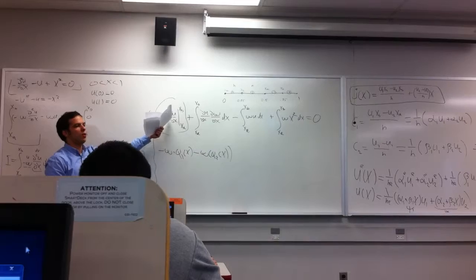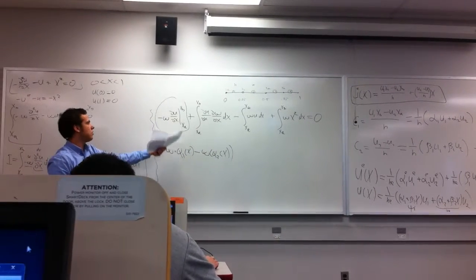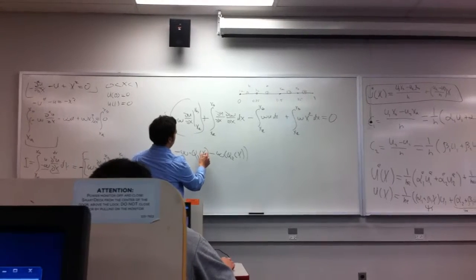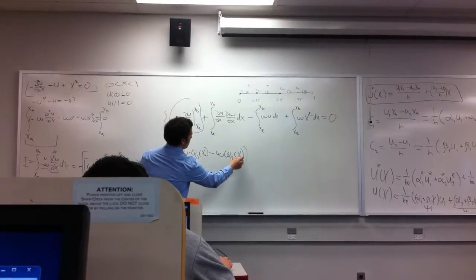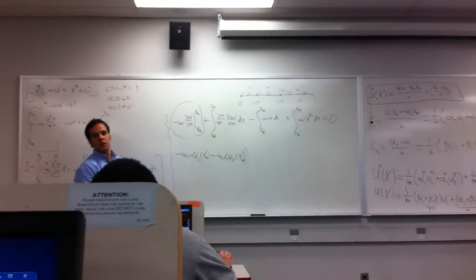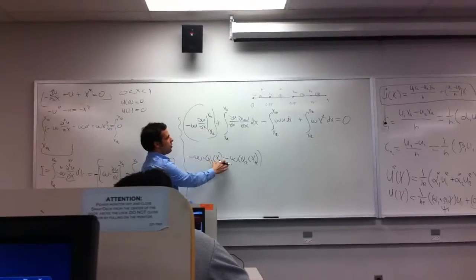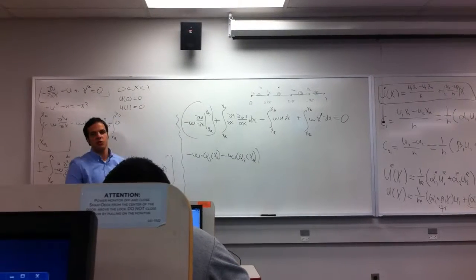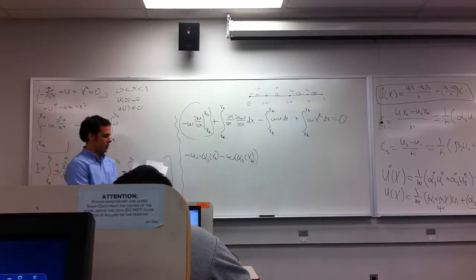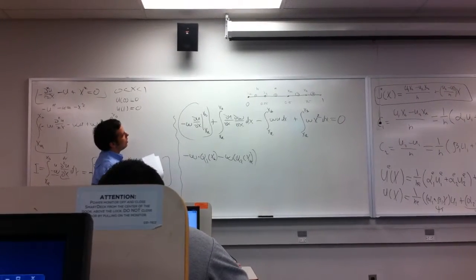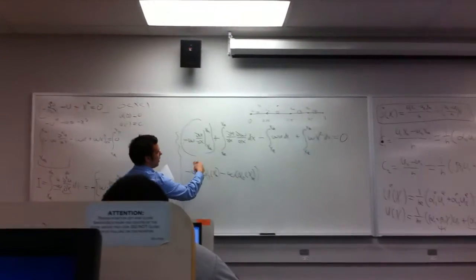You can call Q1 to be du dx at xp, and this is at xa, and you can define Q2 to be a negative of that. You force both terms to look negative again for the same reason you want it to look like this. And these are your boundary terms.